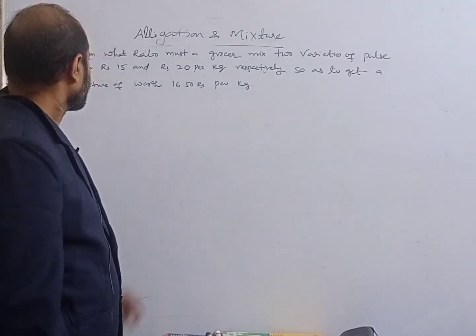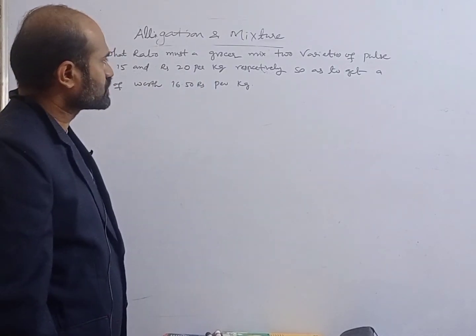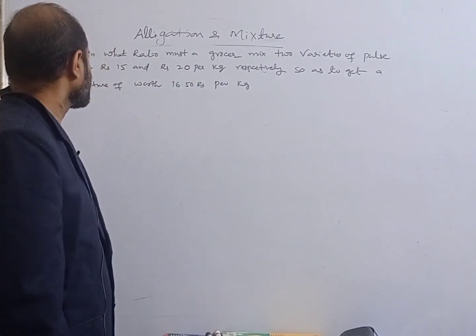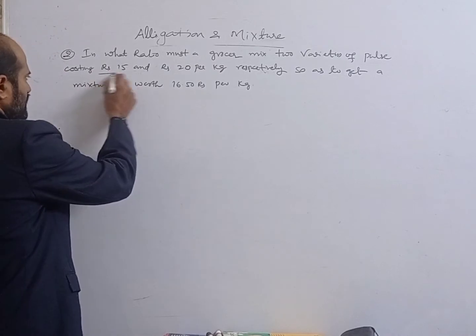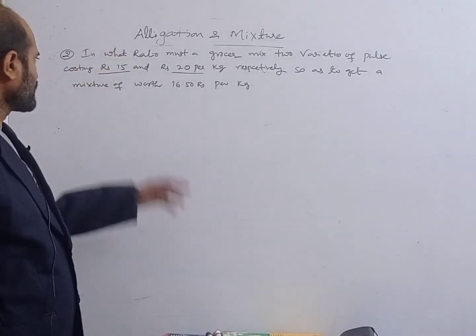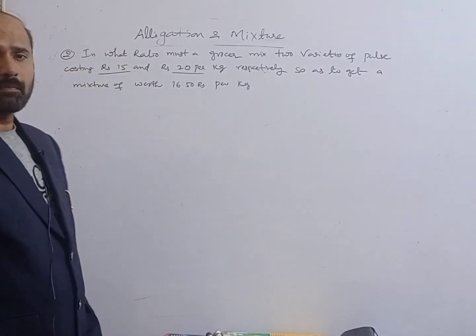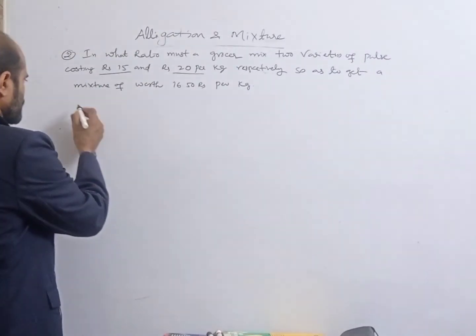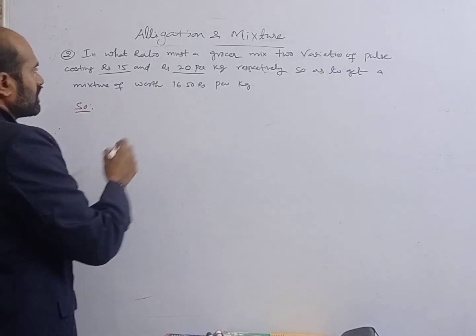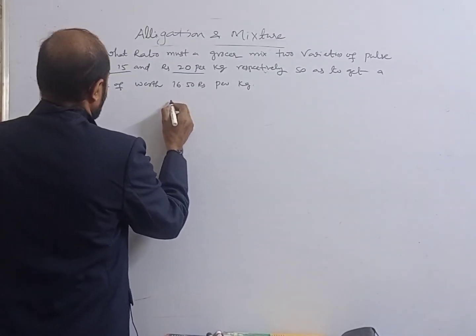See, the second problem. In what ratio must a grocer mix two varieties of pulses costing rupees 15 and 20 respectively, so as to get a mixture worth 16 rupees 50 paisa per kg? See this problem: there is a grocer, and two varieties are there.